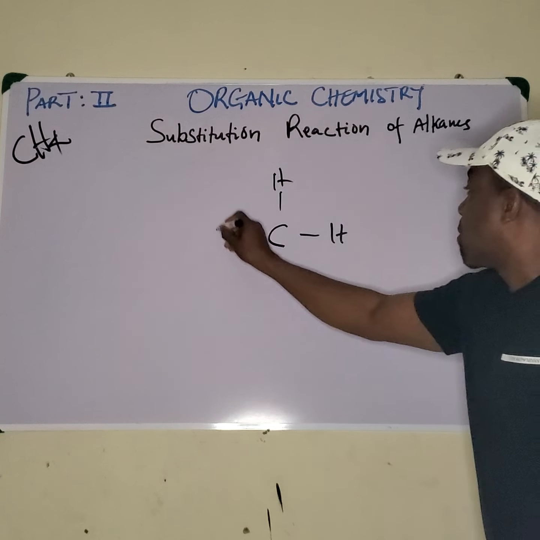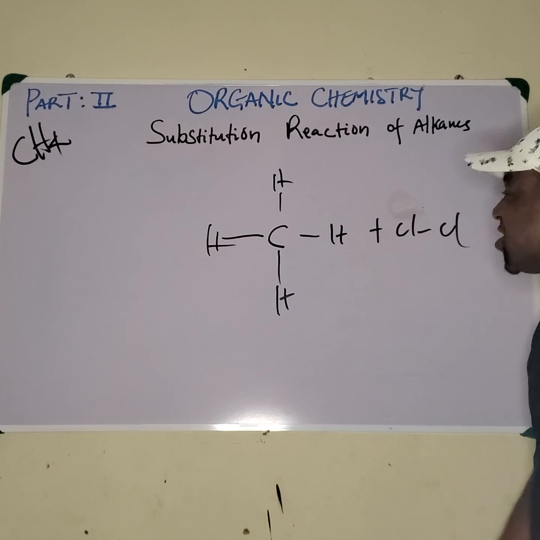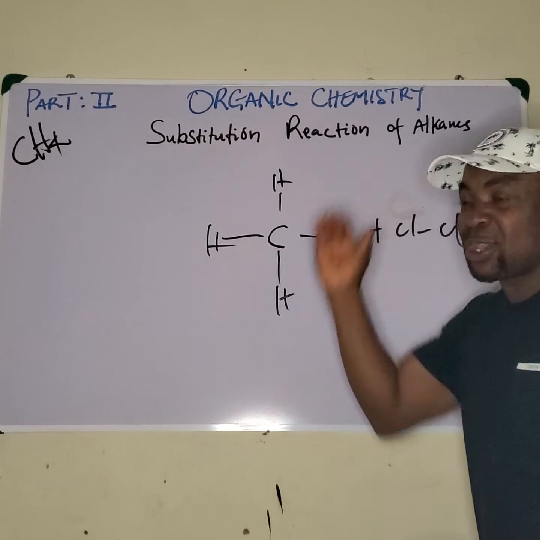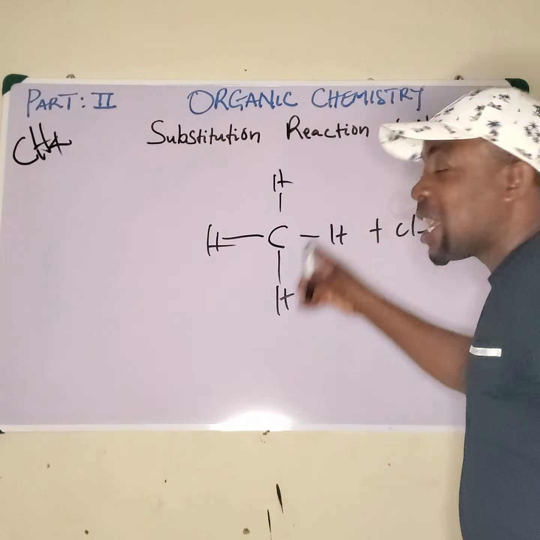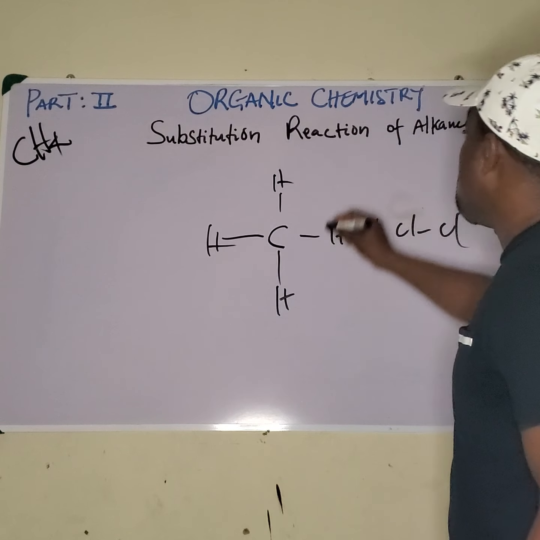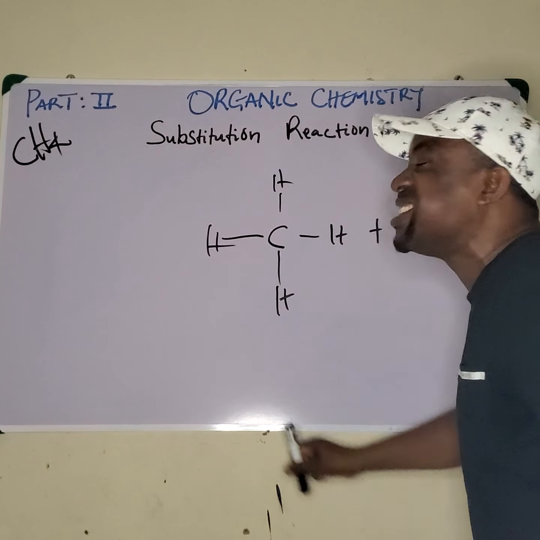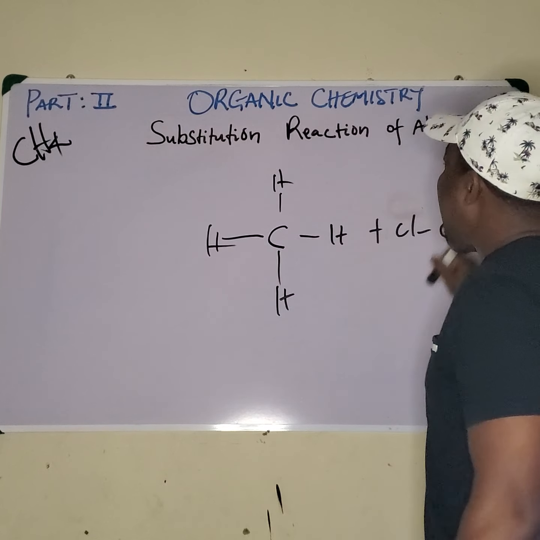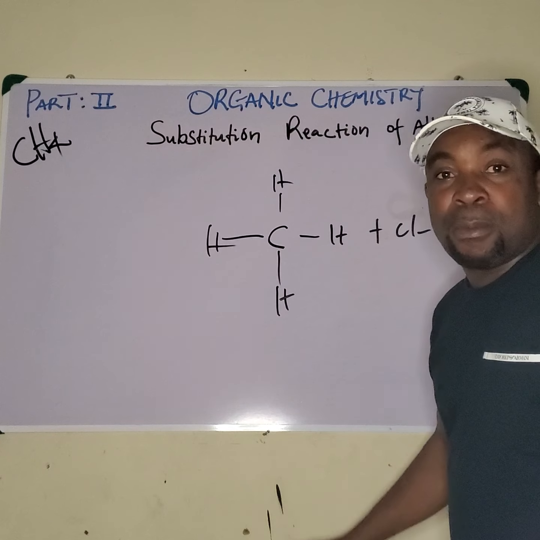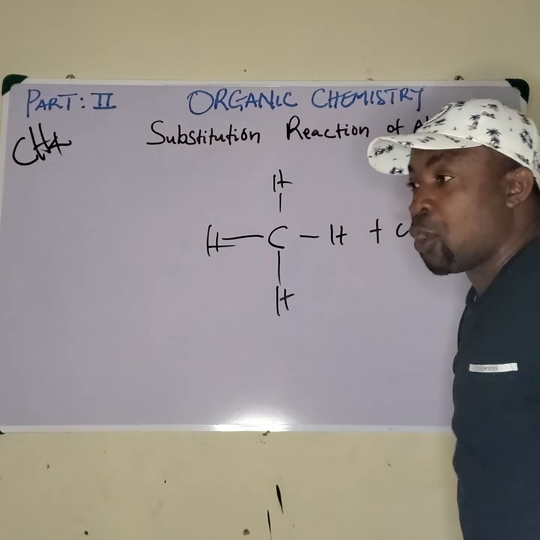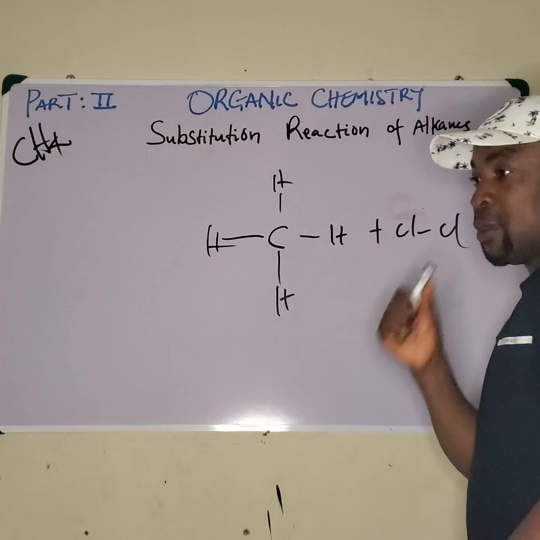Now, when methane reacts with a chlorine molecule, they substitute the hydrogen atoms. This reaction is continuous because they will substitute hydrogen atoms until all the hydrogen atoms attached to this carbon atom are substituted.